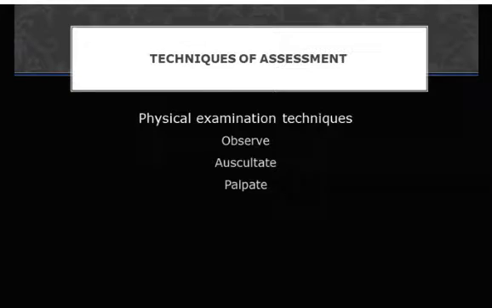Okay? So when we talk about the physical assessment, we've got some techniques that we're going to use. First of all, we're going to use our eyes and we're going to look. We're going to look for things like skin color and bruising and deformities and swelling and sweatiness, and we're going to look for all of those things. We're also going to use our ears and auscultate.